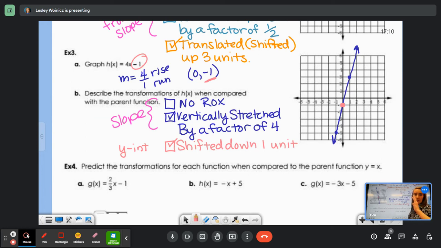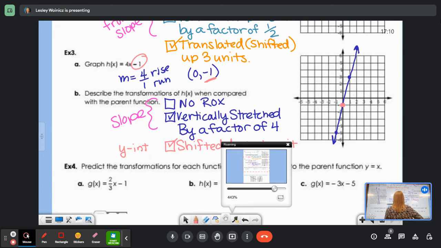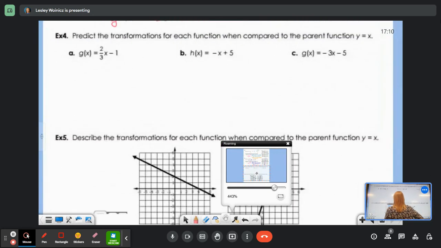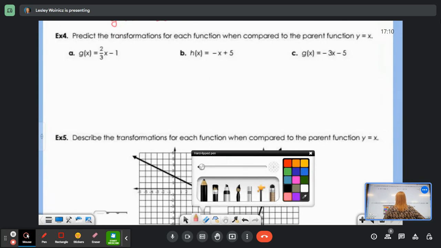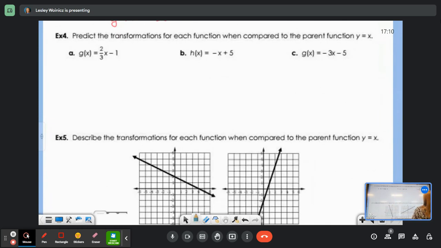So now that we've done a few of them and you've gotten to see what they look like, we're going to predict what these transformations for the next 3 would be. All right, so the slope for g of x is positive, so I know that I will have no reflection.